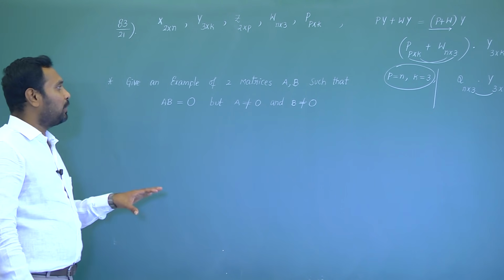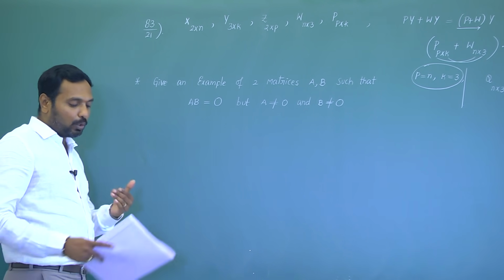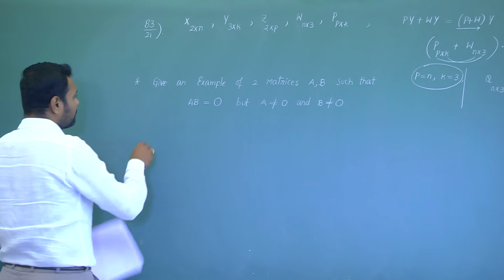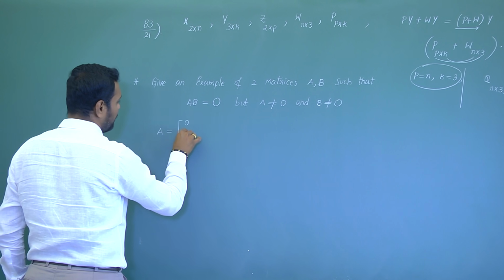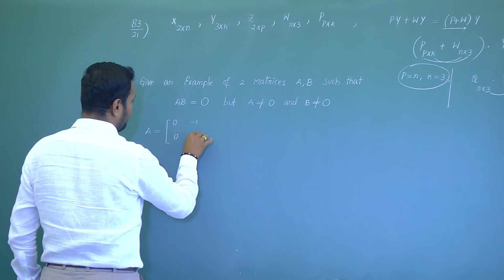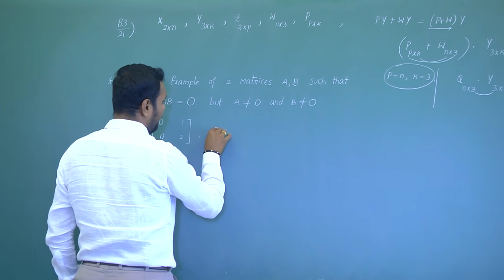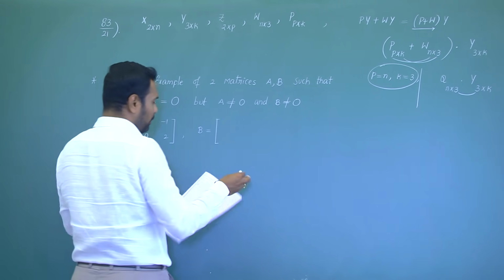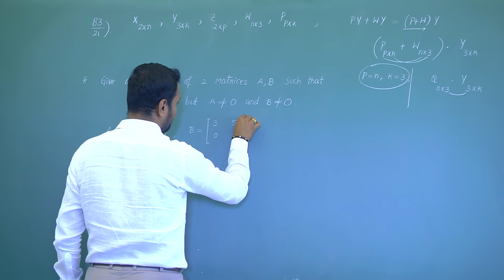To give this example, you just need to remember the logic of how to consider two matrices. In the first matrix, make the first column elements zeros. The second column is your wish. I am taking minus 1 and 2. For capital B, make the second row elements zeros. The first row is your wish: 3, 5, 0, 0.